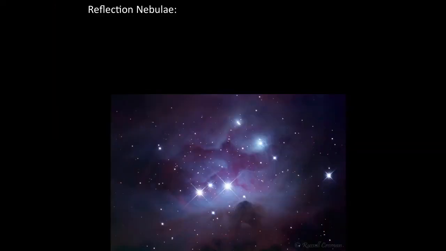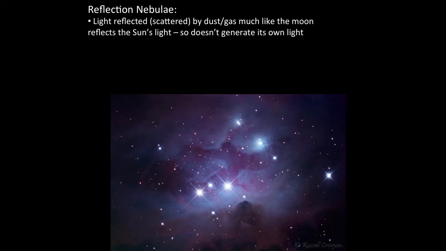Okay, the next type of nebula is a reflection nebula. So as the name suggests, light here is being reflected or scattered by dust and gas, much like the moon reflects the sun's light. So again, it's not generating its own light. It tends to scatter light from cooler stars than emission nebulae, so the light isn't energetic enough to excite the gas.